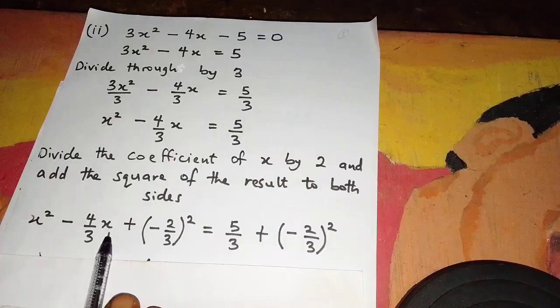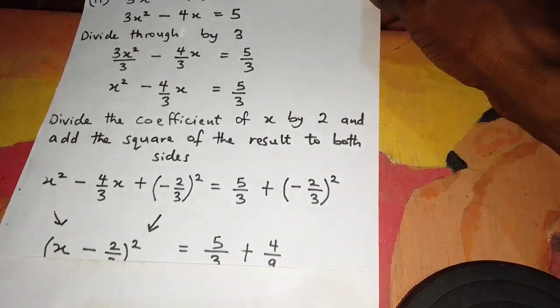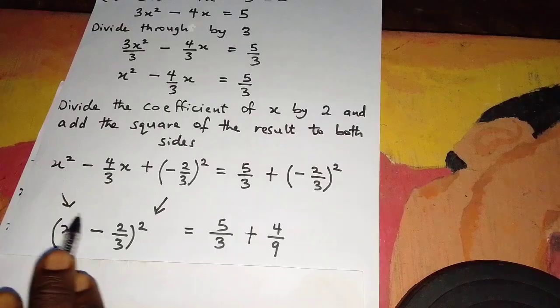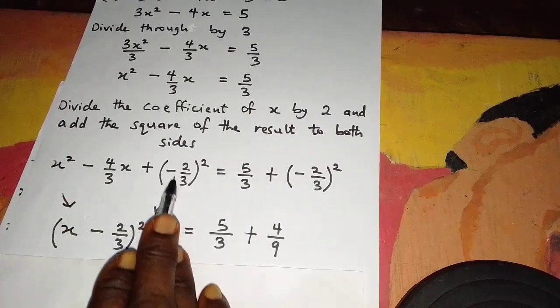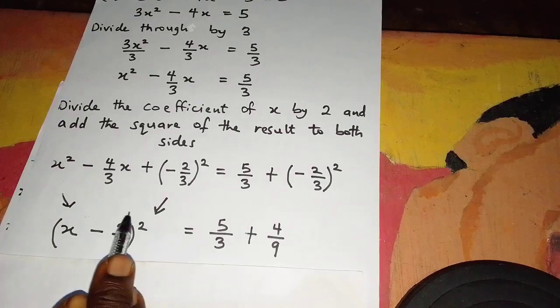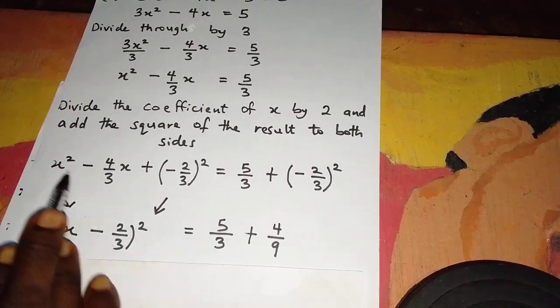So by dividing the coefficient of x by 2 and adding the square, you have made this part a perfect square. If you pick x and this minus 2 over 3 and you expand it, you get this back.